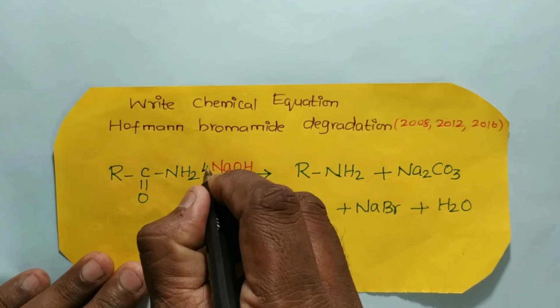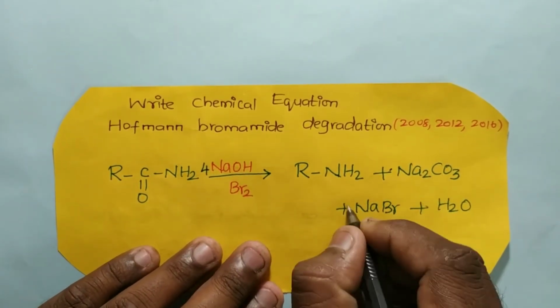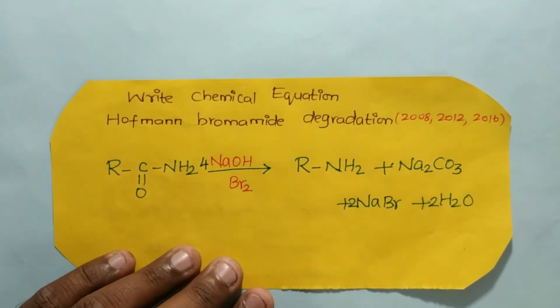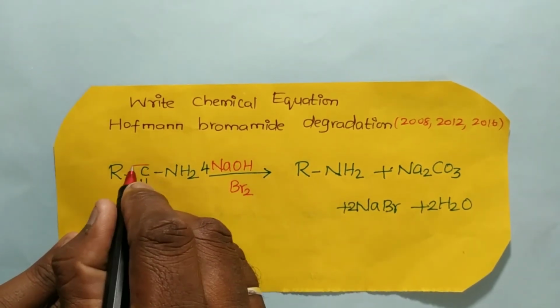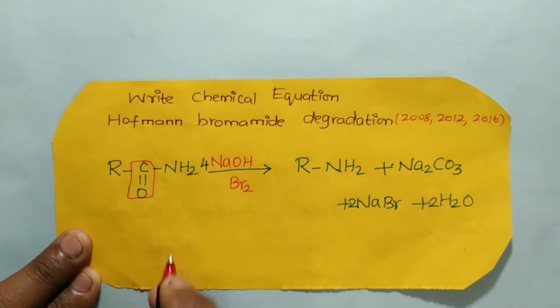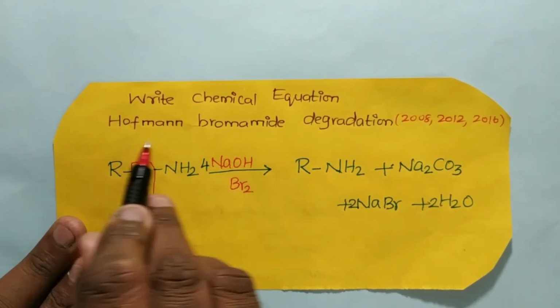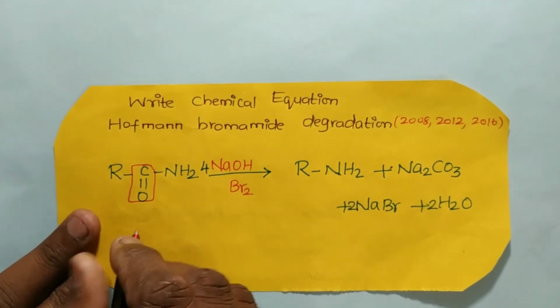Suppose I am taking 4 of them, this is a balanced equation. You just go on and balance it, so you will get the idea. So here the thing is C double bond O NH2, and we are just removing this C double bond O group. Usually this Hofmann bromamide degradation is used for the carbon number.